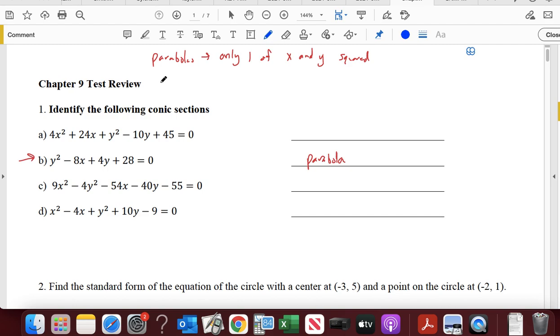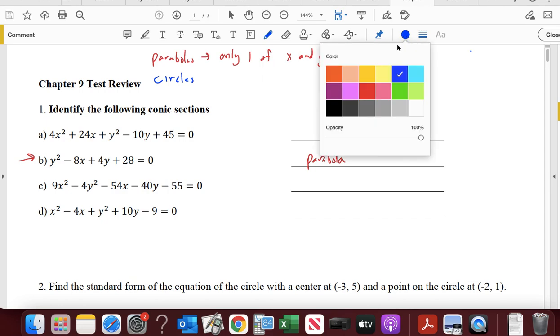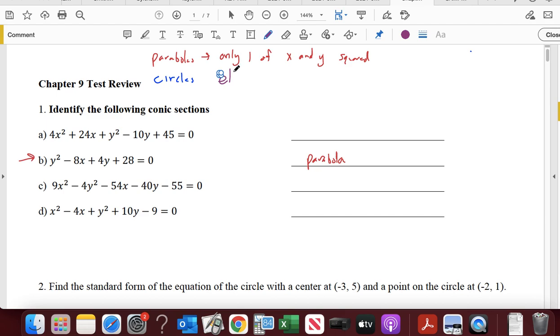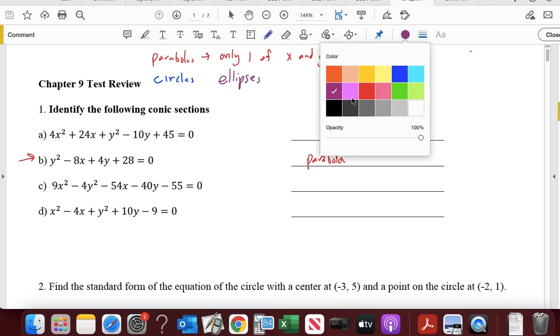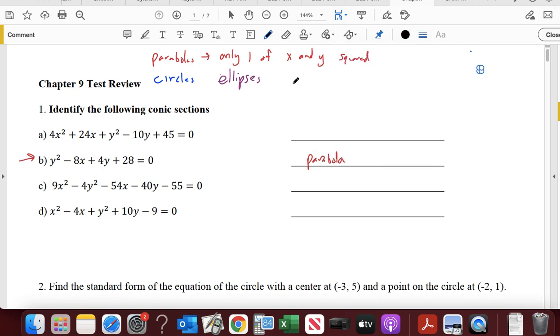Now, next, how to determine between circles, ellipses, and hyperbolas.